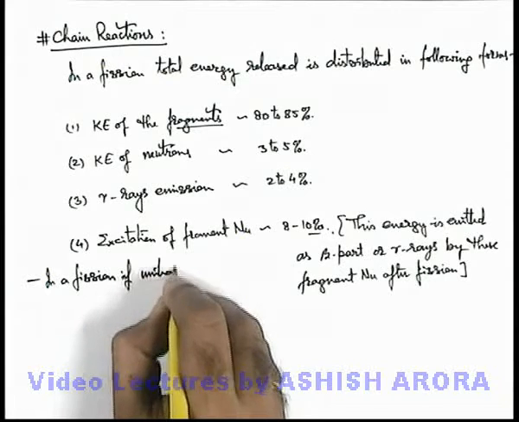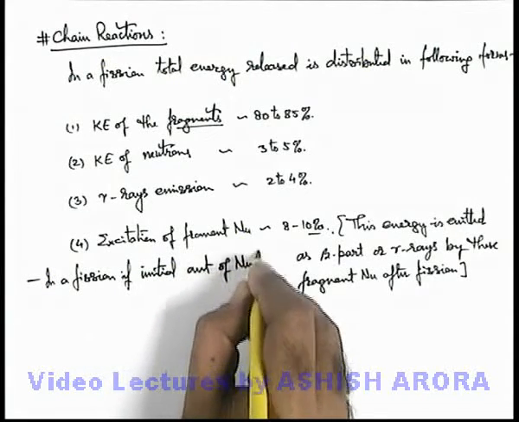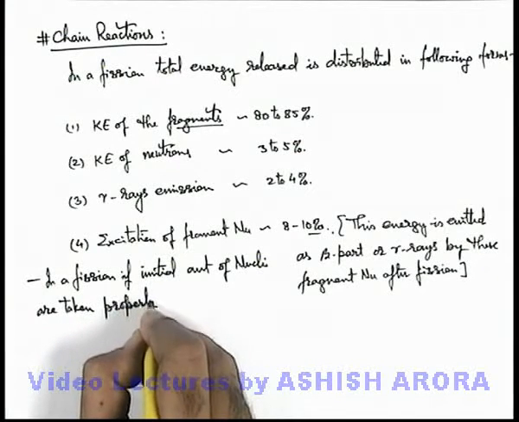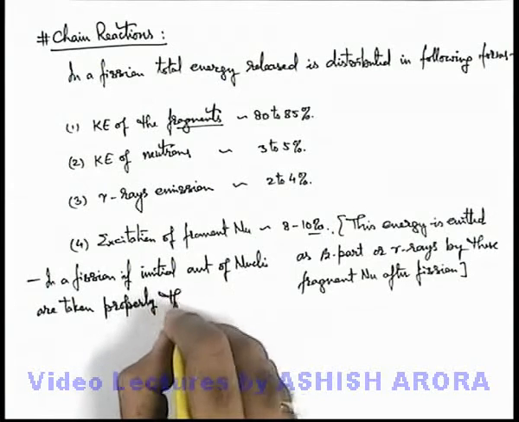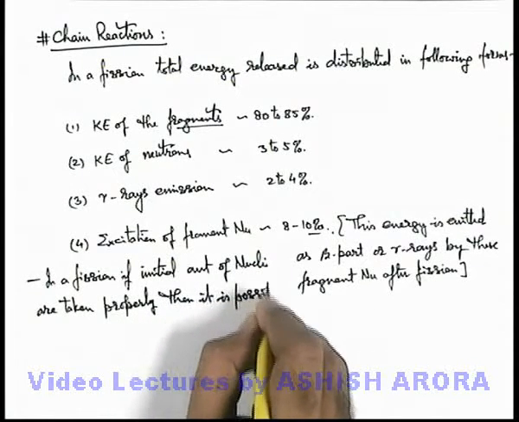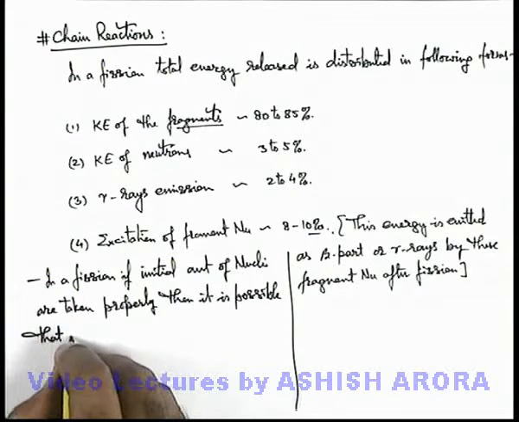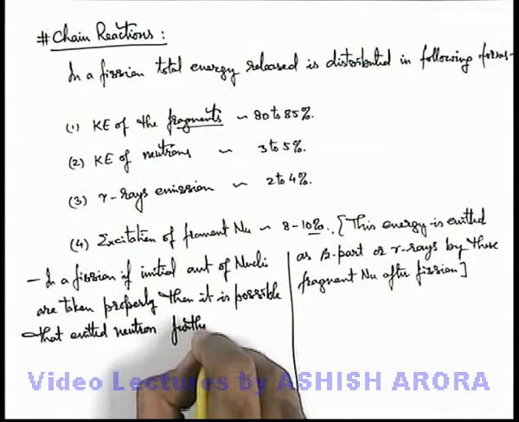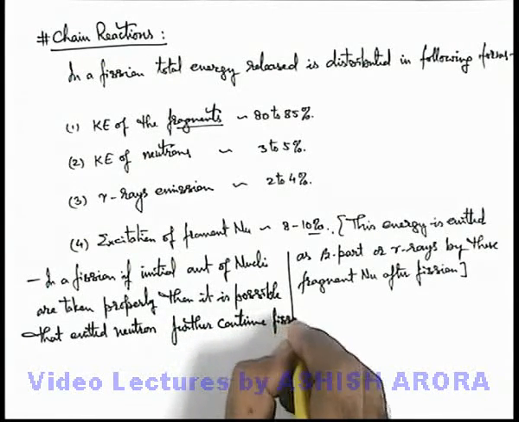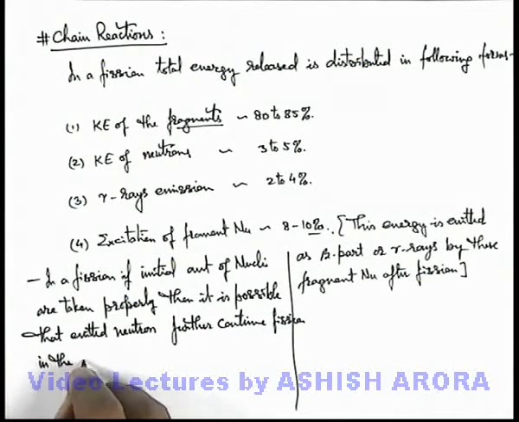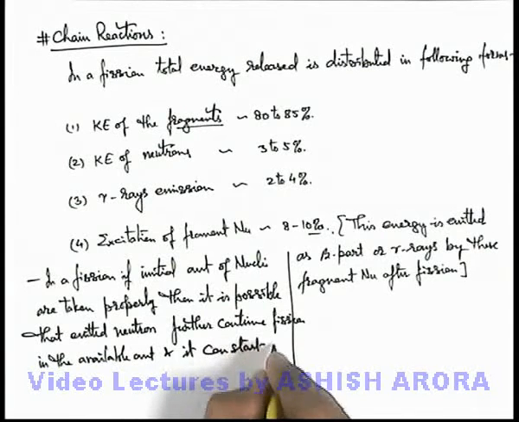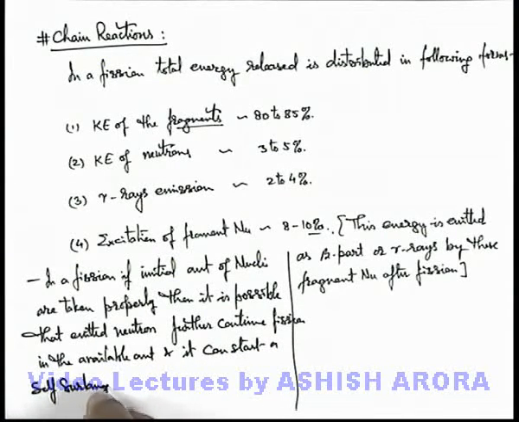And here one more thing we can write, that in a fission, if the initial amount of nuclei are taken properly, there are some minimum number of nuclei if we consider, then it is possible that emitted neutrons which are produced in the fission further continue fission in the available amount, and it can start a self-sustained fission reaction continuously.